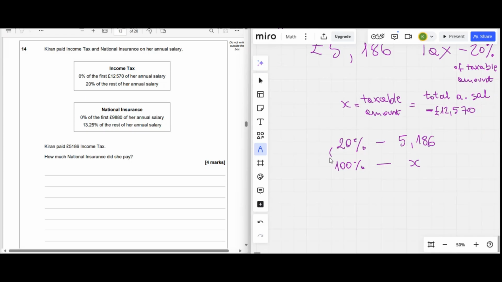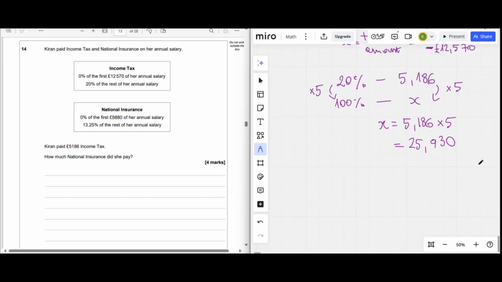How to make 100 from 20? Multiply by 5. And on the other side, we need to do exactly the same thing. So our taxable amount will be 5,186 times 5, so 25,930. This is the taxable amount.